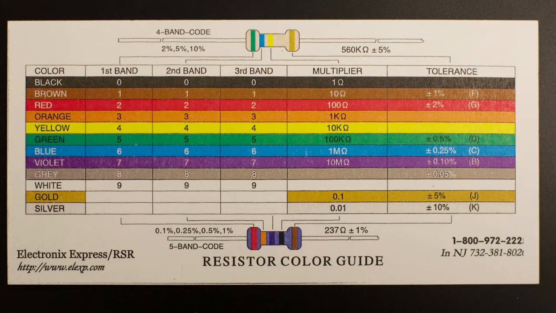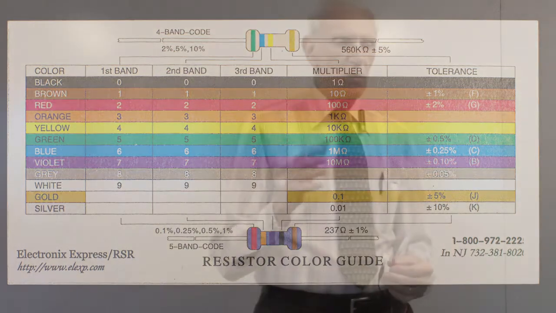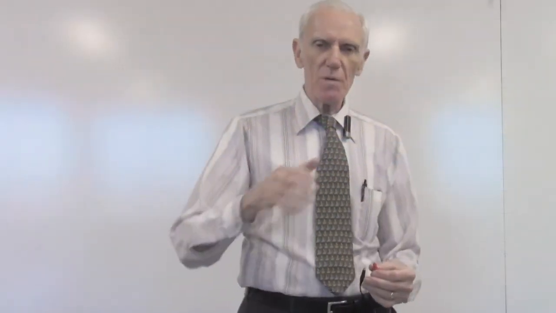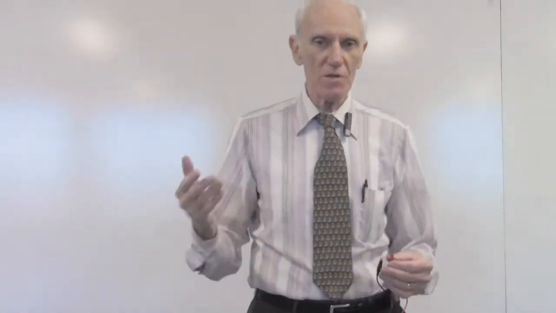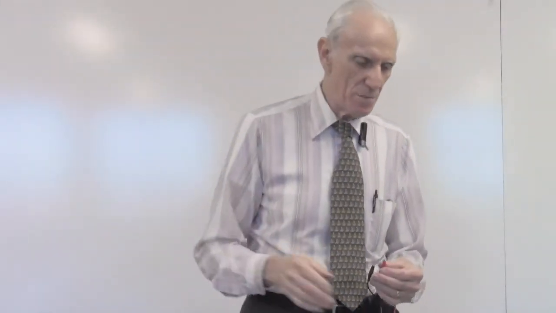So this is a 470 ohm resistor. The last band is gold, which means it's guaranteed to 5%. So 5% of 470 is 23 ohms. So it's guaranteed to be between 470 minus 23 and 470 plus 23, which is not too bad.